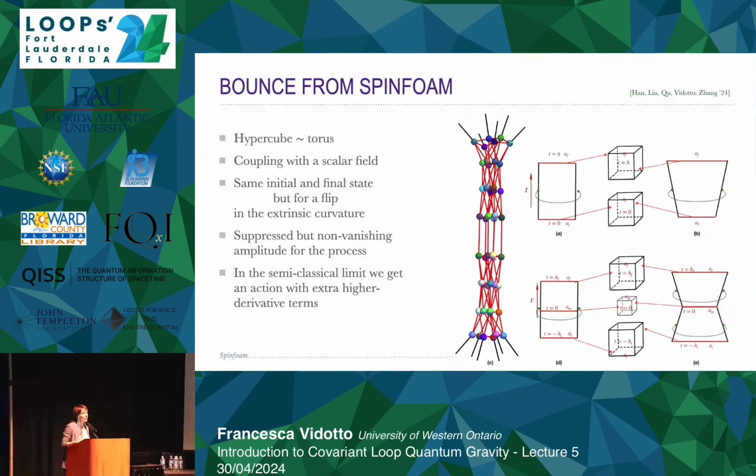But then you have a non-zero probability to have one of these tunneling phenomena, that is characteristically a quantum one, so that there is a non-zero probability for the bounce to happen.